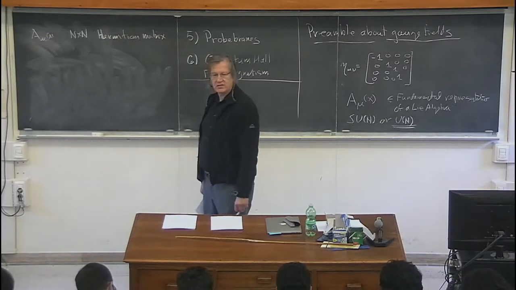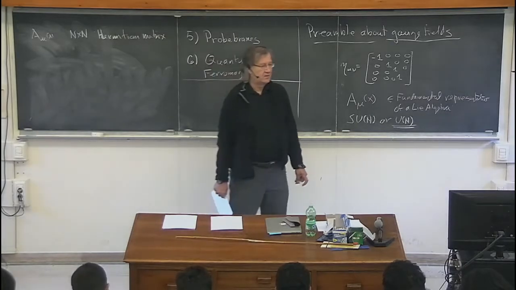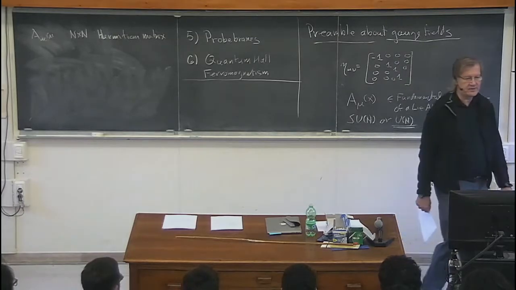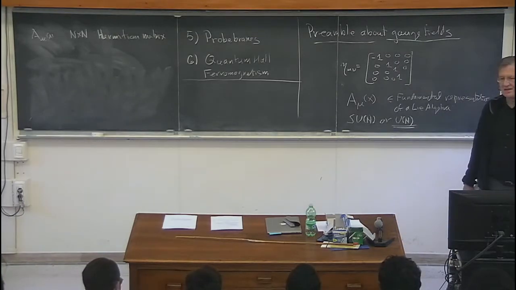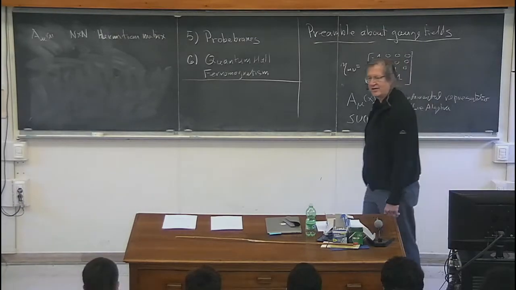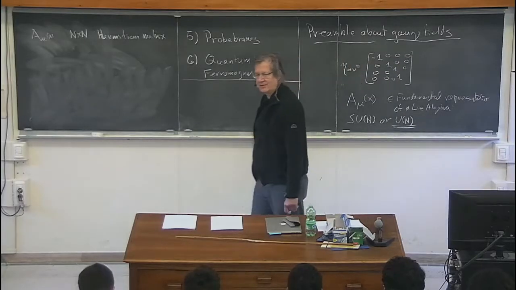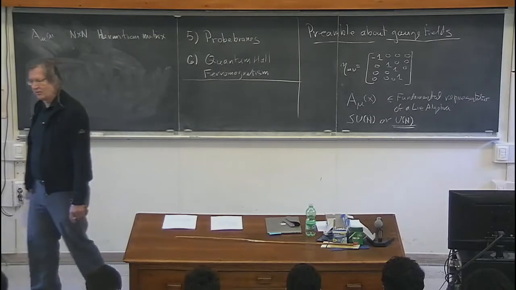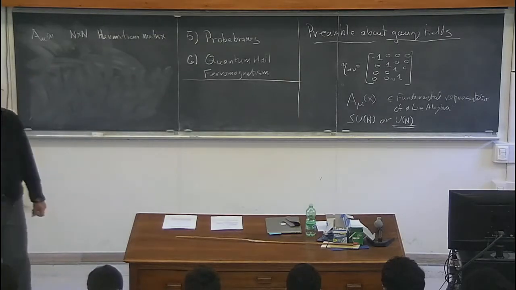Okay, so what is it used for? Well, a gauge field is a connection field, so it has something to do with coordinate transformations. These coordinate transformations are not the coordinate transformations of geometry or of general relativity, of actually changing the coordinates on the space in which you're doing physics.